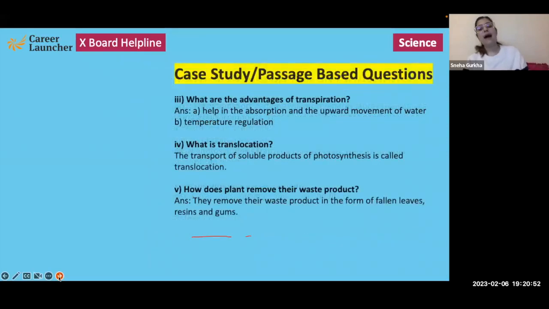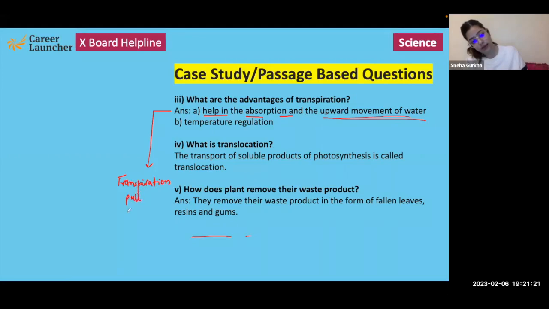Next, what are the advantages of transpiration? So two advantages of transpiration we have mentioned. First, they help in the absorption and upward movement of water. So water actually moves in an upward direction due to transpiration, and this is what we refer to as transpiration pull.